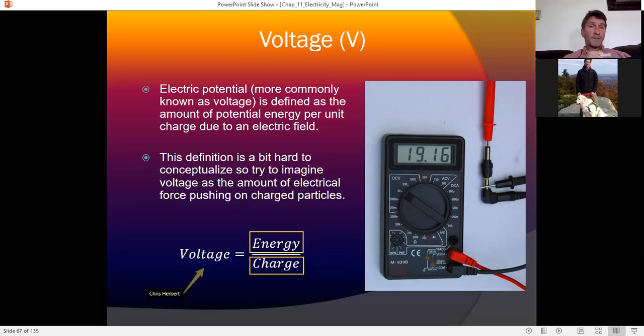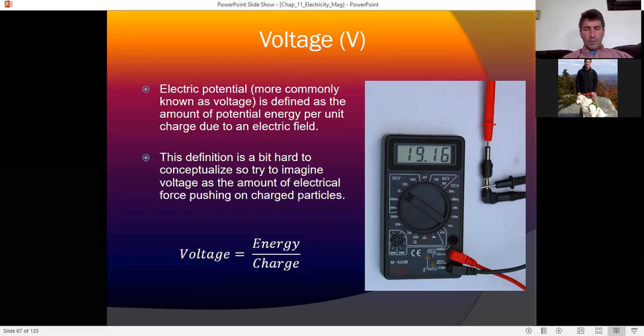Or vice versa, if I look at the electric field that I place on something, how much energy each charge will be given, that's voltage. So we can think of voltage as energy per amount of charge, how many joules you get for each coulomb of charge.